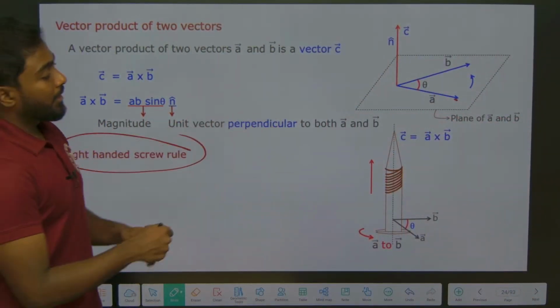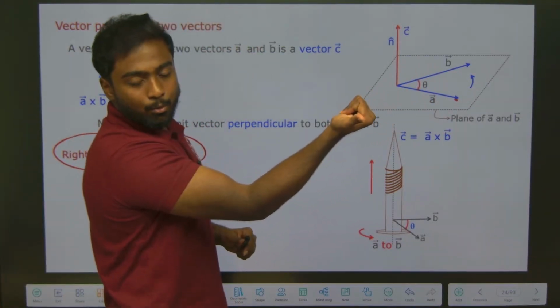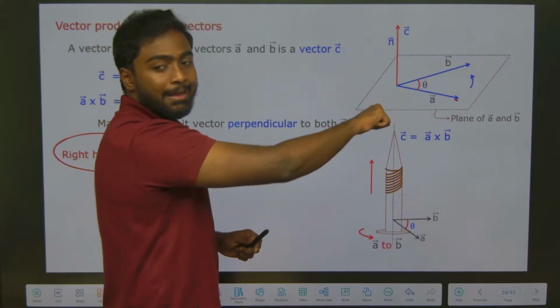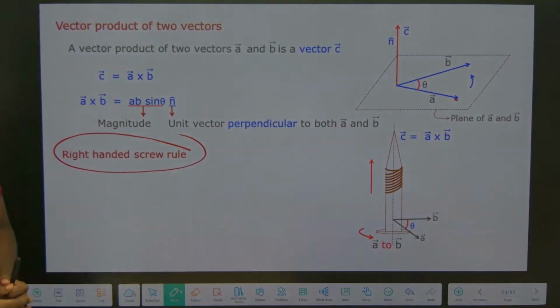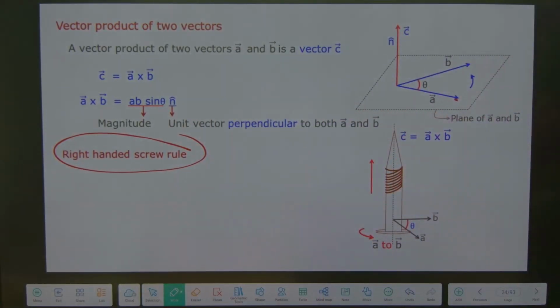From A to B the resultant will be outside, B to A means the resultant will be inside. If you use the left hand it won't come.